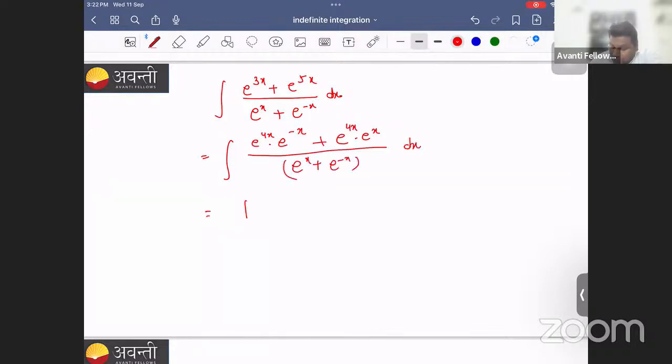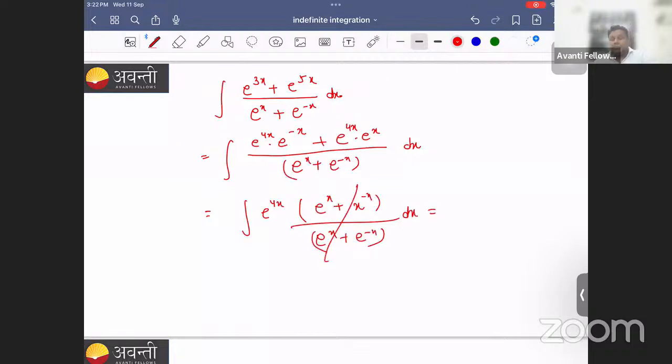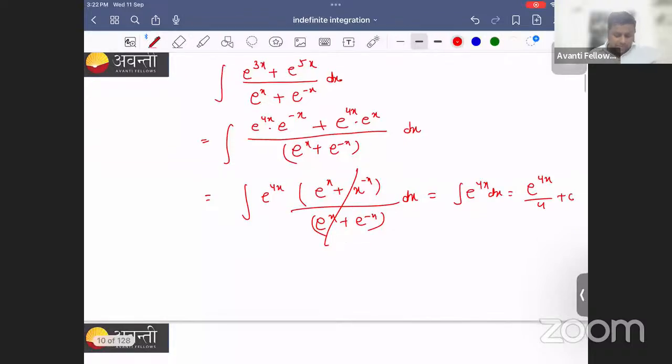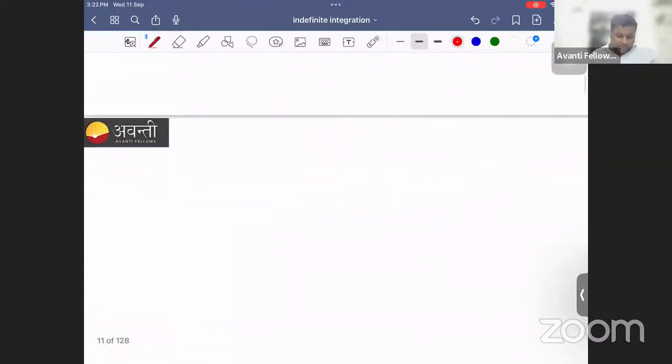Now from the numerator, you can take e to the power 4x common. So it is e to the power x plus e to the power minus x upon e to the power x plus e to the power minus x dx. They both are cancelled. So you are left with integration e to the power 4x dx, that is e to the power 4x upon 4 plus constant. Got it? Very good question it is.